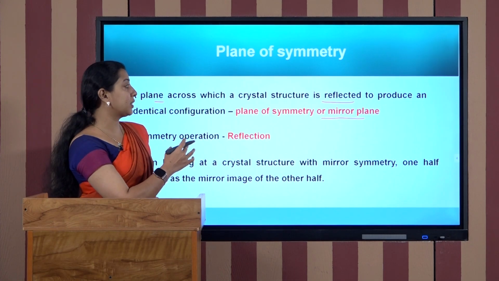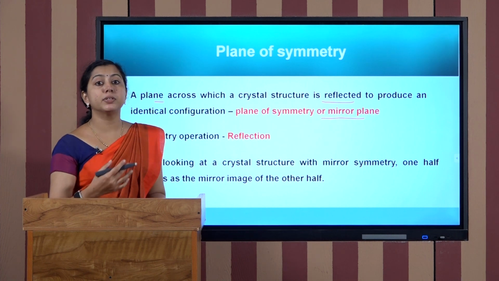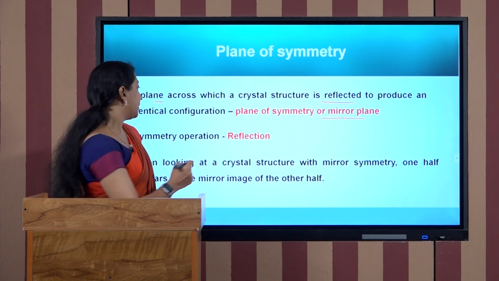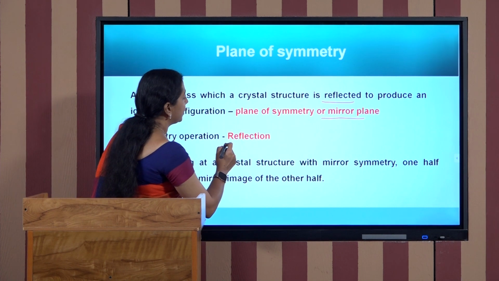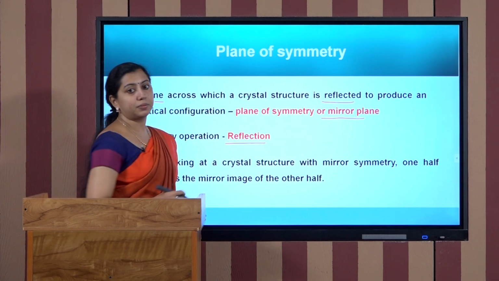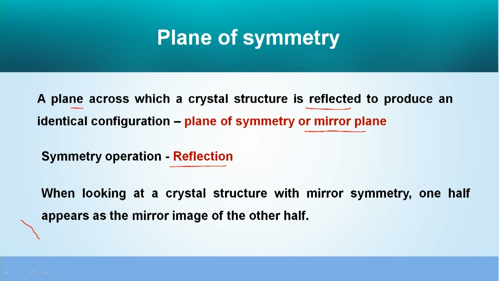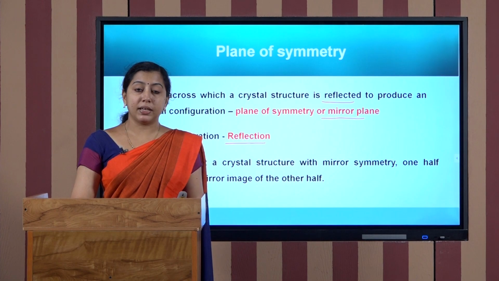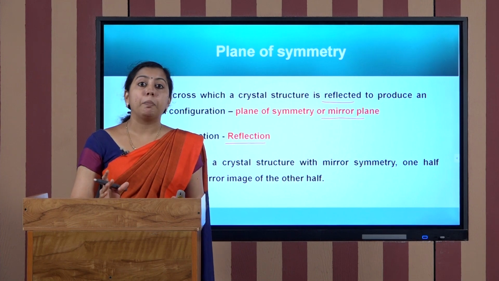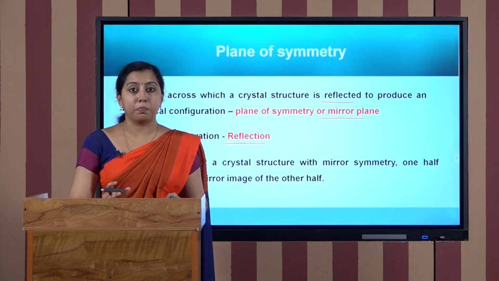Since a crystal structure is reflected to produce an identical configuration, the symmetry operation is reflection. That means, when we look at a crystal structure with mirror symmetry or plane of symmetry, one half of it will appear as the mirror image of the other half. Then we can say that that crystal possesses a plane of symmetry or mirror plane.